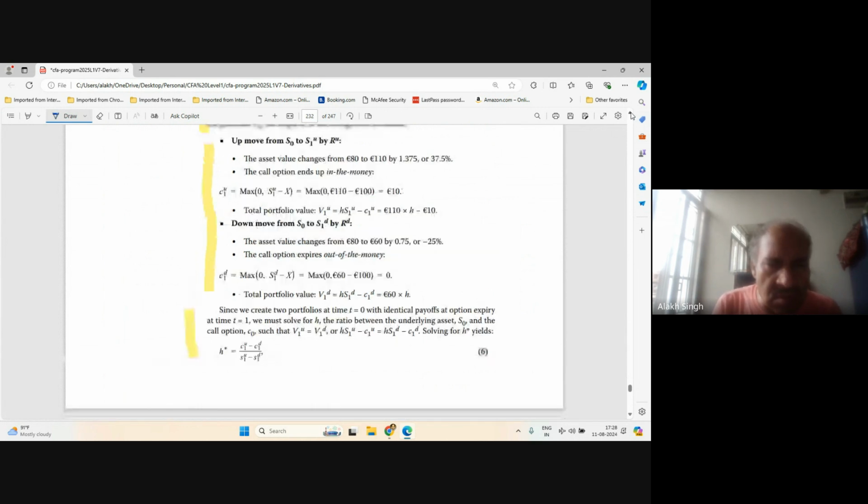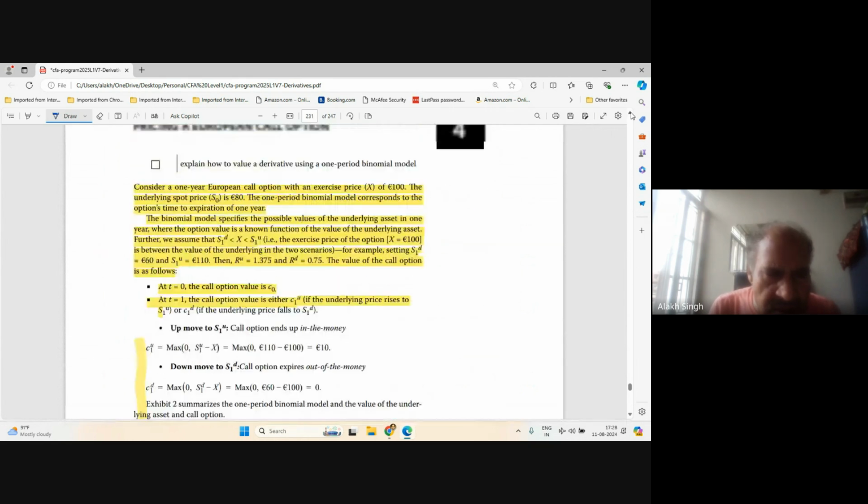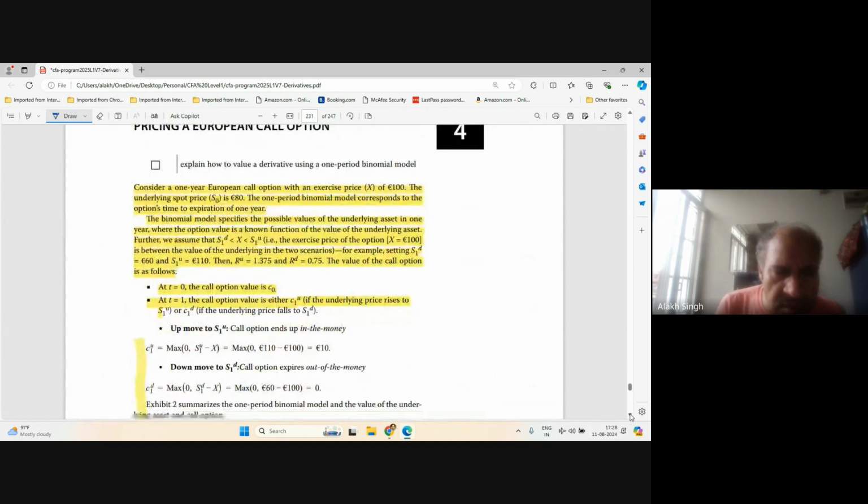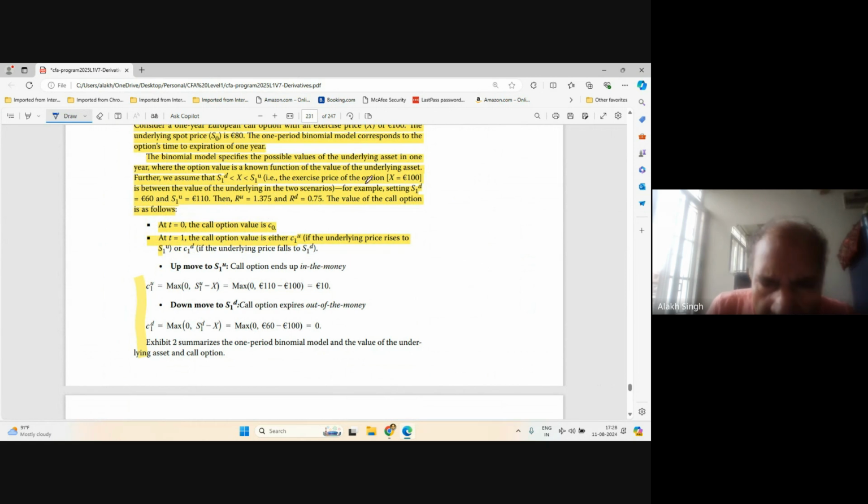Here is the question, no? We had this question here. The binomial model specifies the possible values of the underlying asset in 1 year, where the option value is a known function of the value of the underlying asset. So how the underlying asset changes. We assume that S1D is less than X, which is less than S1U.